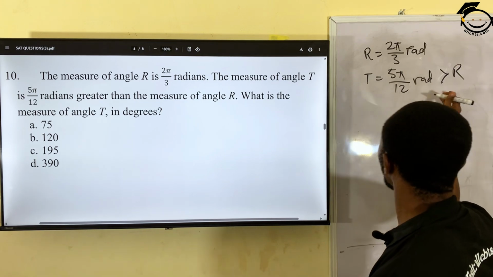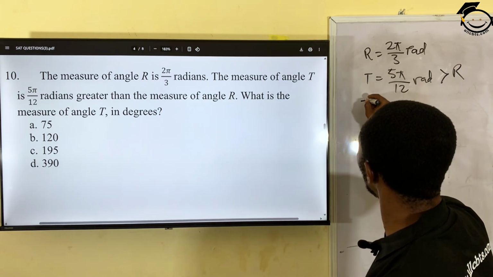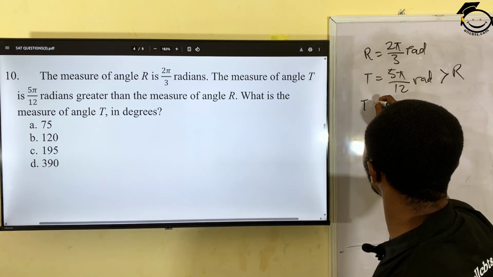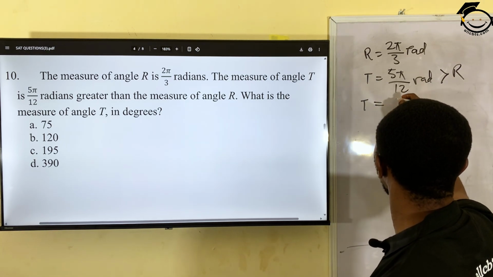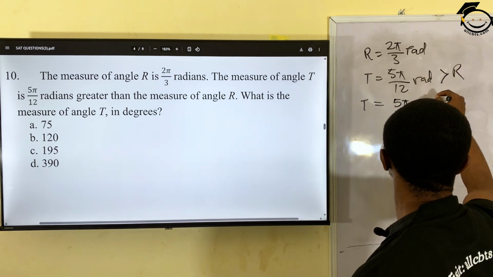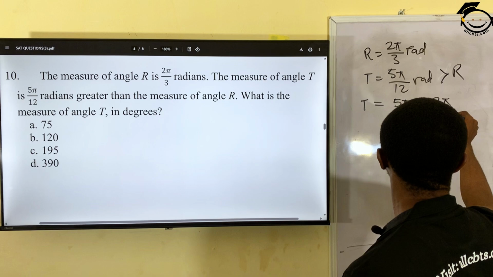Since T is 5 pi over 12 greater than R, that means T will become 5 pi over 12 plus that of R, which is 2 pi over 3.